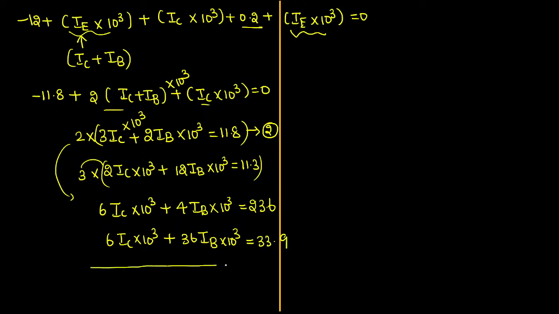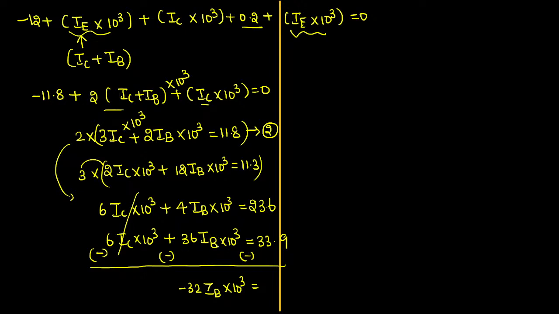Now it's time to solve this. Directly change this sign. Minus becomes plus, and plus becomes minus, such that these terms will get cancelled. 4 minus 36 will give you minus 32 times IB into 10 power 3 equal to 23.6 minus 33.9.